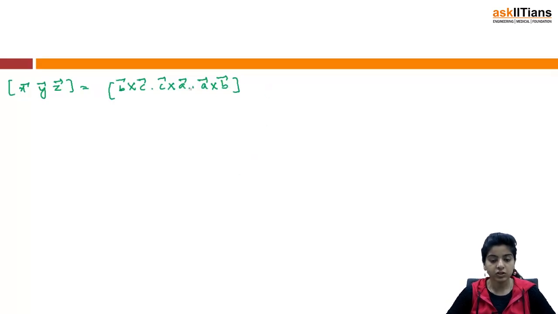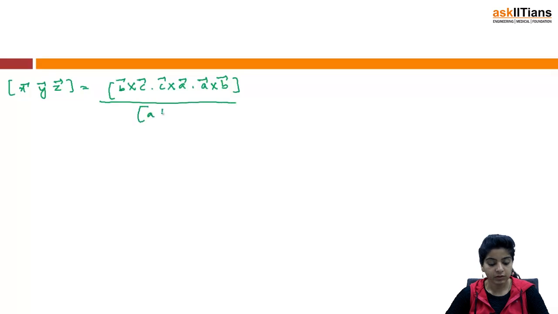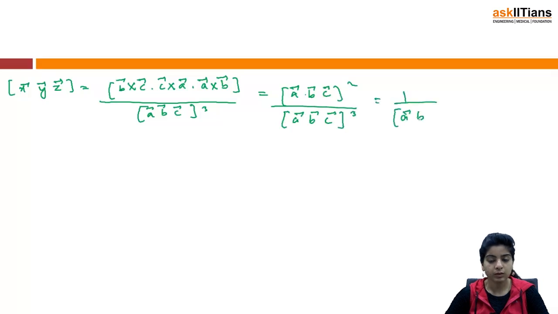So we have [B cross C, C cross A, A cross B] by, we'll have the scalar triple product [A, B, C] cube. That will be equal to [A, B, C] square by [A, B, C] cube, which is equal to 1 by [A, B, C], and that is obviously non-zero.